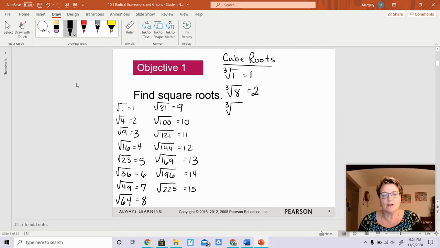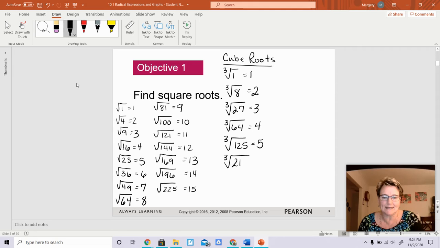The cube root of 27 is equal to 3. The cube root of 64 is equal to 4. The cube root of 125 is equal to 5. The cube root of 216 is equal to 6. So those are all perfect cube roots that you have to memorize.